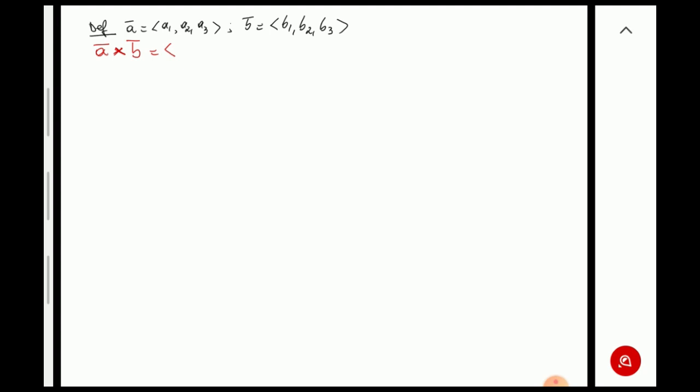The first one is A2B3 minus A3B2. The next one is A3B1 minus A1B3, and the third component is A1B2 minus A2B1. Those of you who see this for the first time may be a little bit confused because it seems so random or arbitrary.